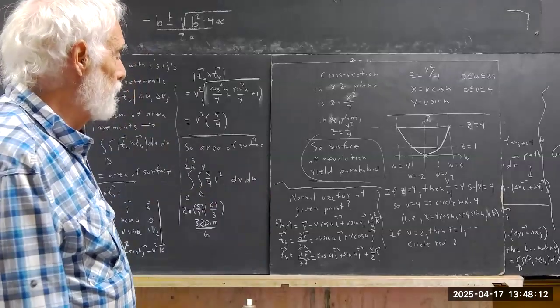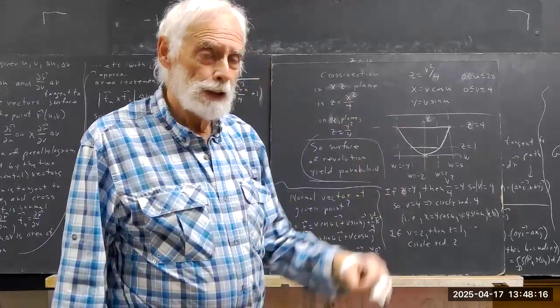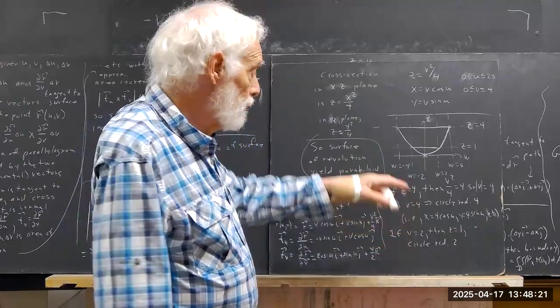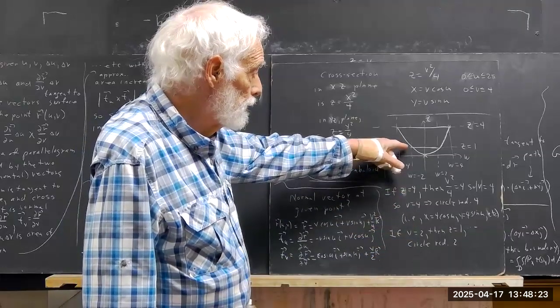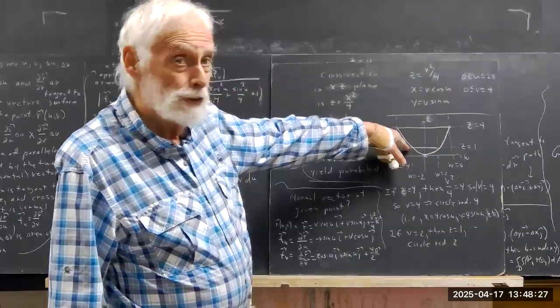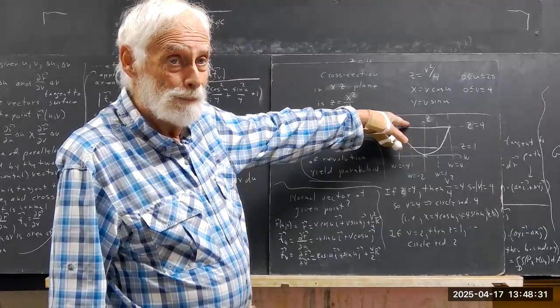It can also be checked because, of course, you can integrate the cross sections. You can integrate pi z squared from 0 to 4. Okay.